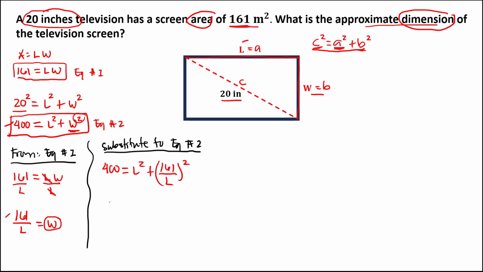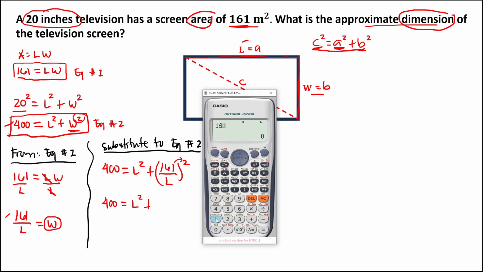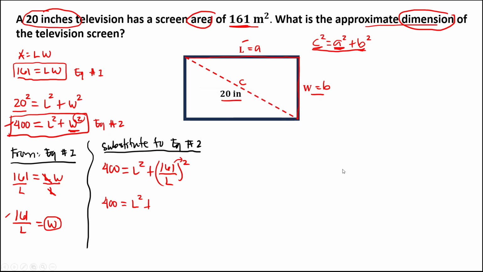To simplify, 400 equals L to the power 2, plus 161 to the power 2. 161 squared is 25,921, so this is 25,921 over L to the power 2.